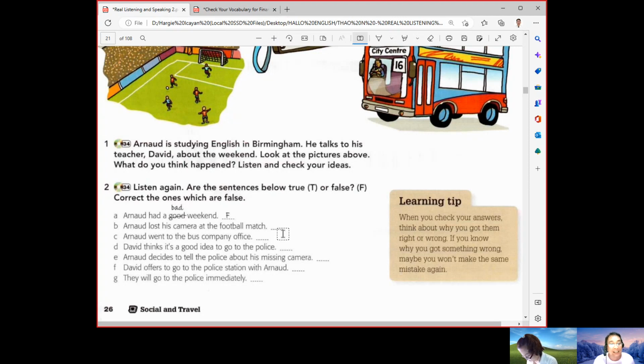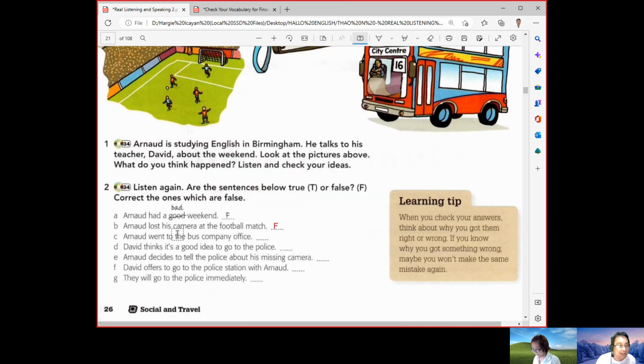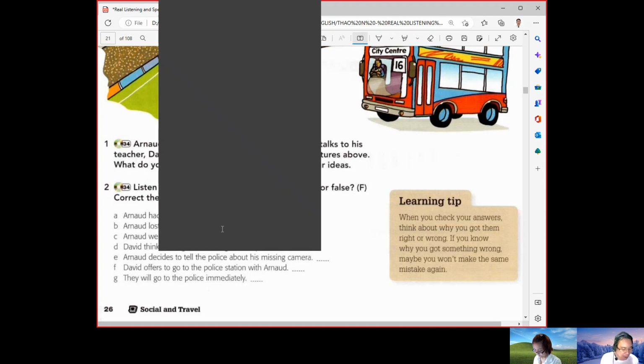So the answer is false. Why is it false? Because he lost it on the bus. So not at the football, but he lost it on the bus.